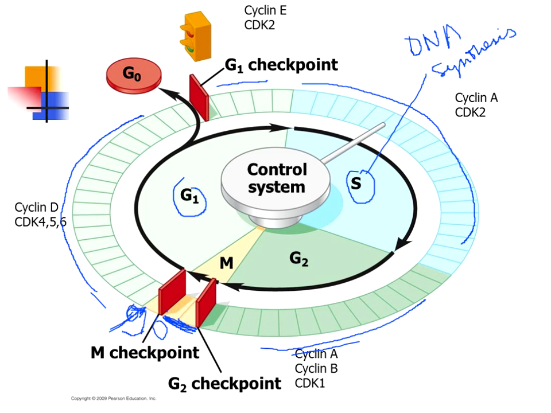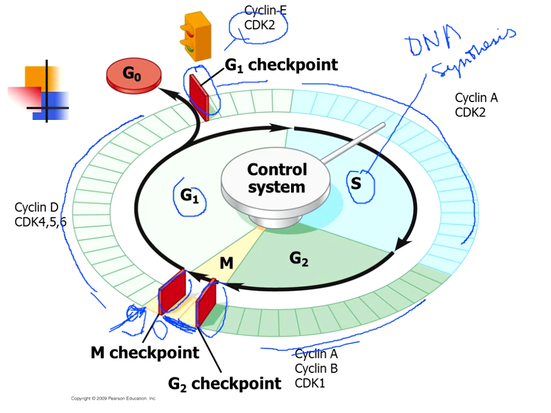Now, there are different checkpoints. Here is something called the G1 checkpoint. Here is something called the G2 checkpoint. And here is something called the M checkpoint, where it goes into the mitotic phase. At each checkpoint, certain molecules have to be present, certain signals have to be present.